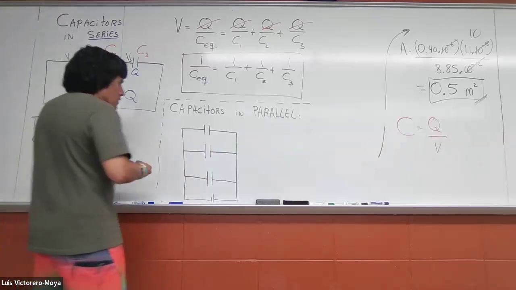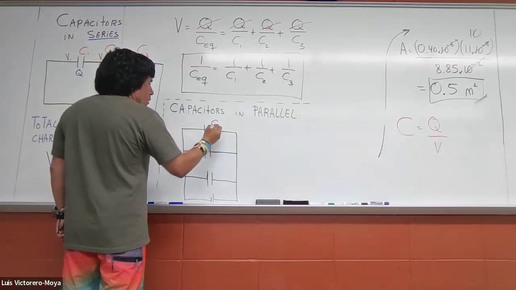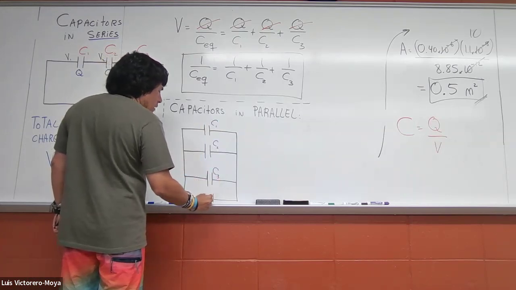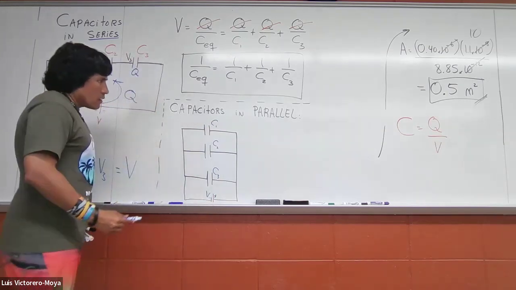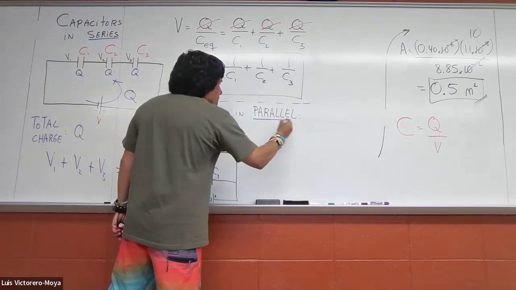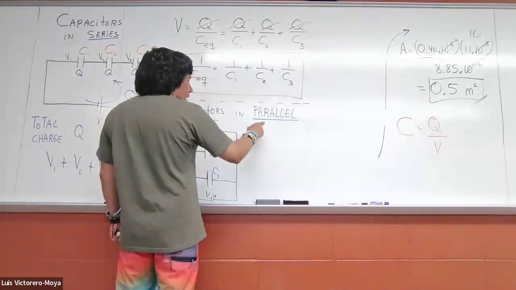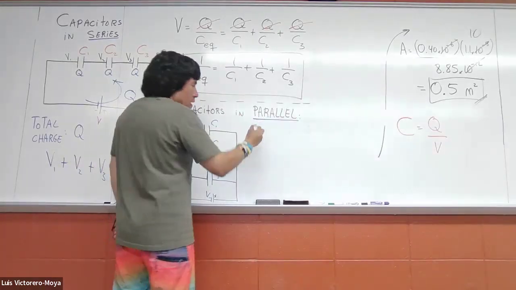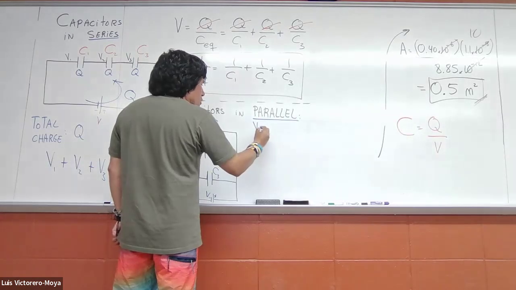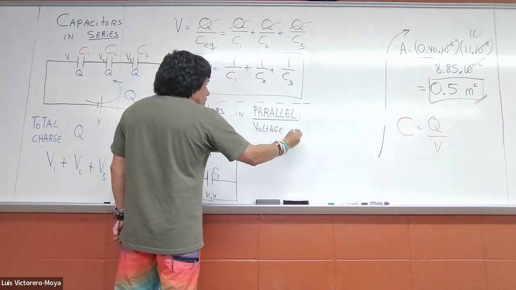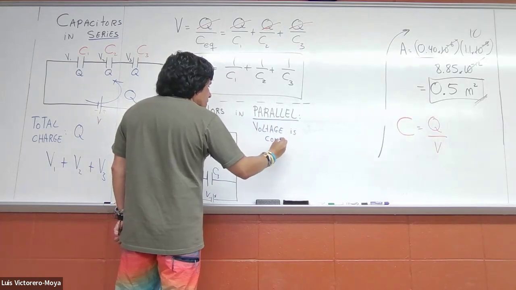So I call this C1, C2, C3, voltage. Now, for a parallel circuit, for any parallel circuit, the voltage is always constant.